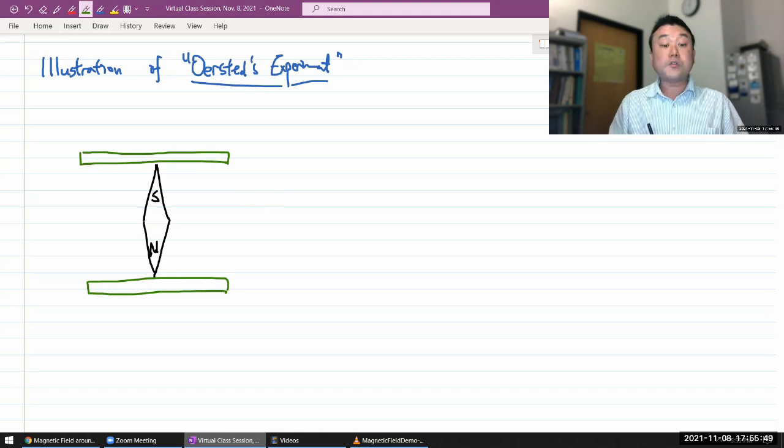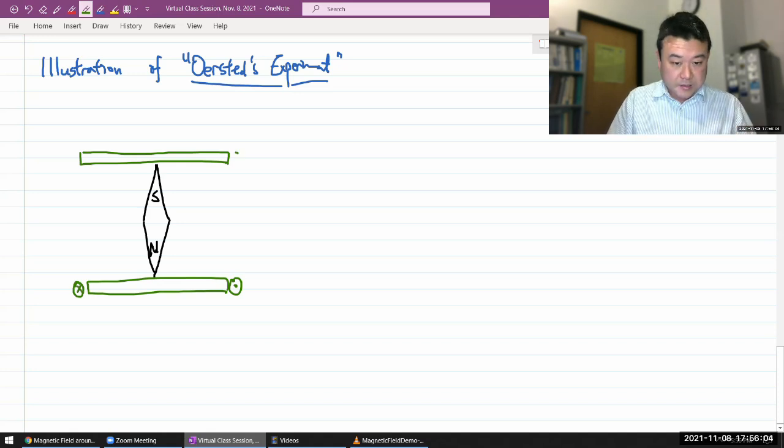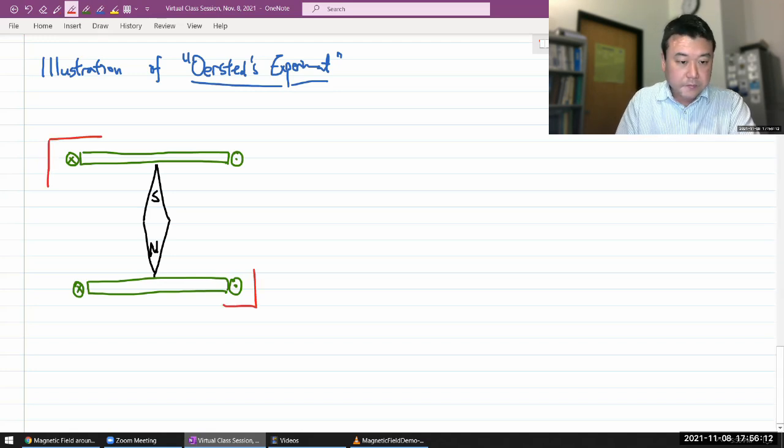As I look at it from the top, on the right side the current should be coming towards me, and on the left-hand side the current would be going away from me. And it's the same direction for both coils. So this is what we had in case 1.